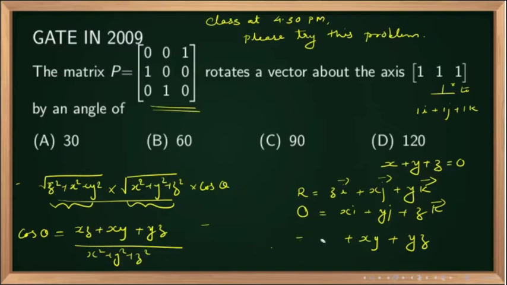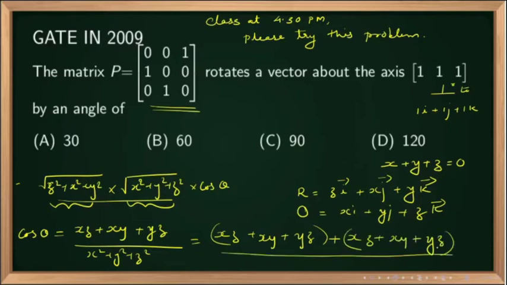Now I'm going to apply another concept. I'll just multiply numerator and denominator by 2. So 2 times this will be hz plus hy plus yz, this is one time, plus again I am adding that term hz plus hy plus yz, divided by, I have made the numerator 2 times, so the denominator should also be 2 times, 2 into h square plus y square plus z square, correct?